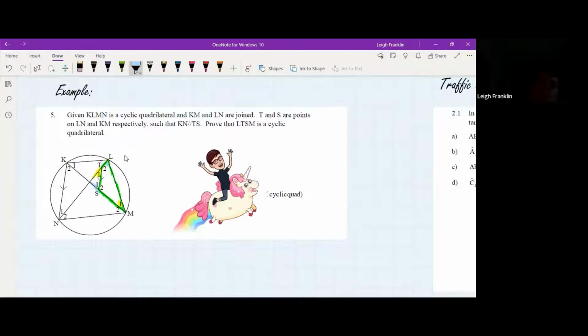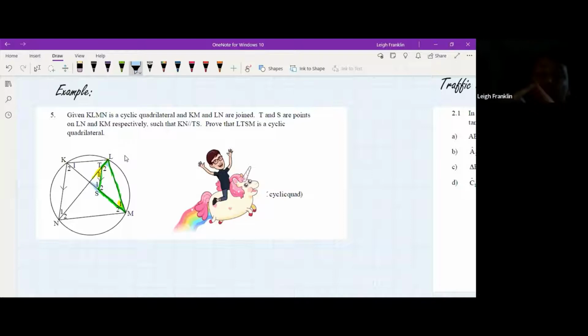Once we've looked at it, we first have to say to ourselves, what does this mean and what can we use? Proving a quad is cyclic means proving that it's possible to draw a circle through the 4 points. How do we do that? One of our 3 converses. If there's a bow tie inside, then we can use converse angles in the same segment.